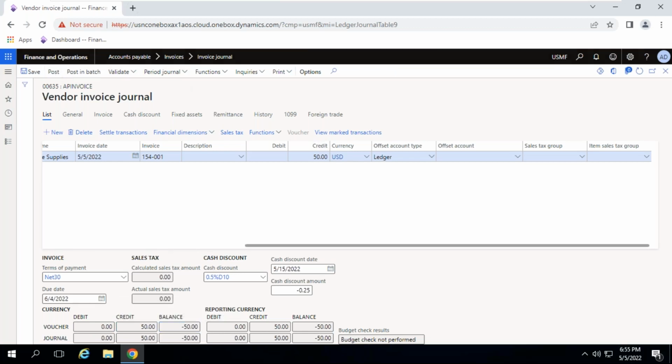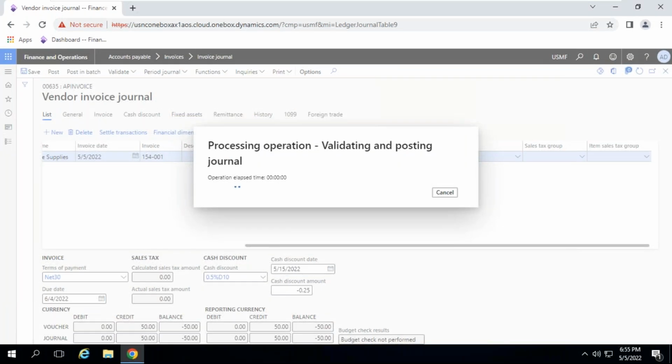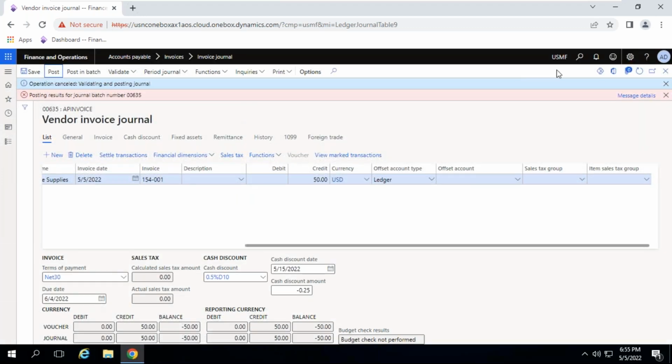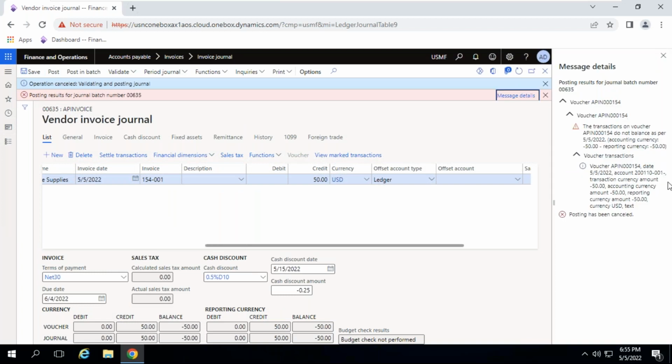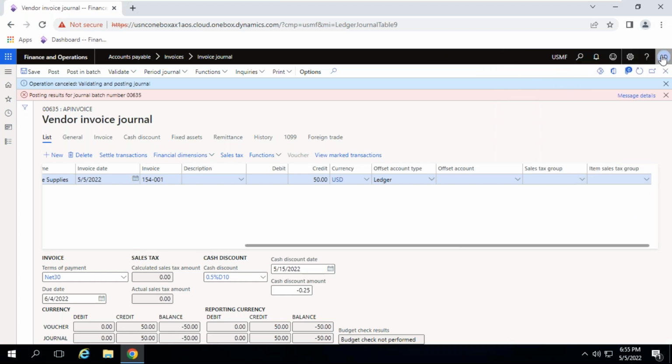If you try to post, it will throw an error message: accounting currency minus 50, reporting currency minus 50. The voucher does not balance. Understood?